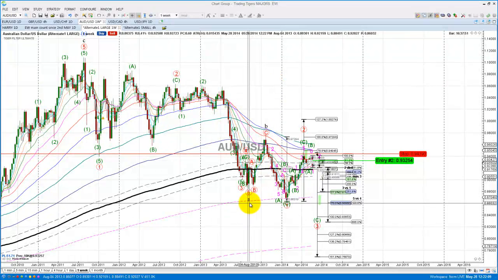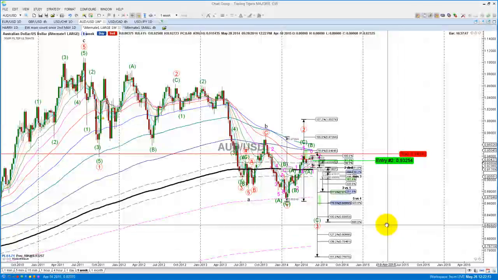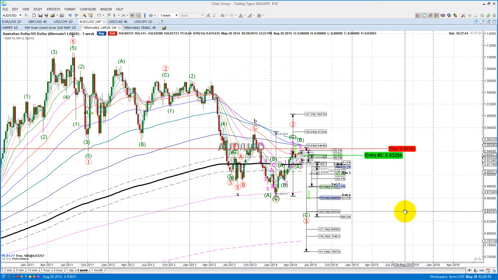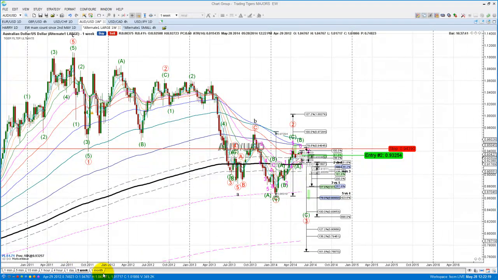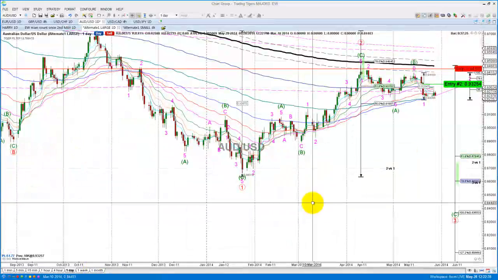As you can see, there's the A, there's the B, and it's currently in a C wave. Can't see so clear on this chart. A lot of information is on there. This is true, but please do pay attention to our black line, which is always giving us the heads up where we shall be. Let's knock it down to the daily chart.